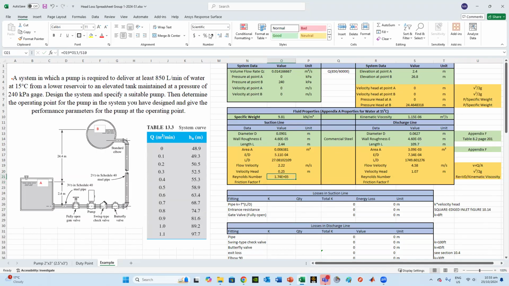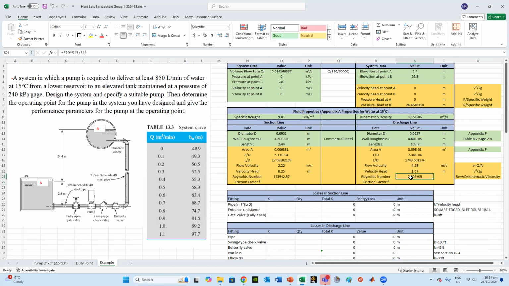Now, this Reynolds number, again, make it as a number. It's a huge number, which means turbulent flow. If it was laminar, it would be just 64 divided by Reynolds, and you get the F value, which is the friction factor. Here, again, it equals velocity, not velocity head, please remember that, flow velocity times the diameter divided by the kinematic viscosity.